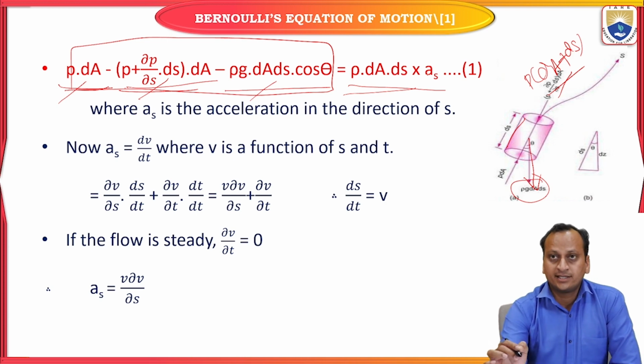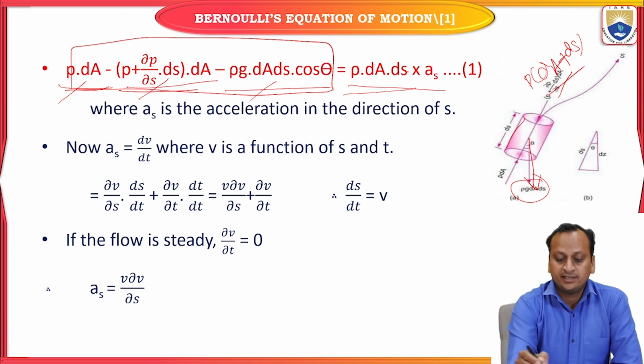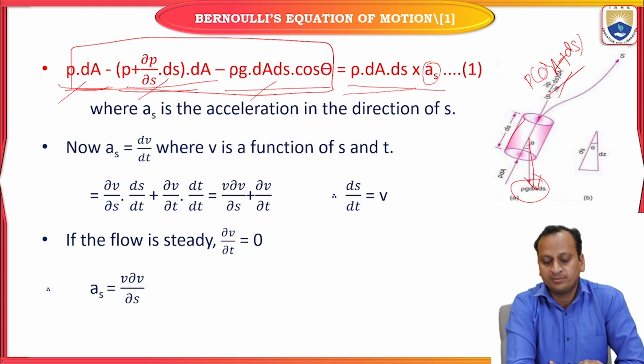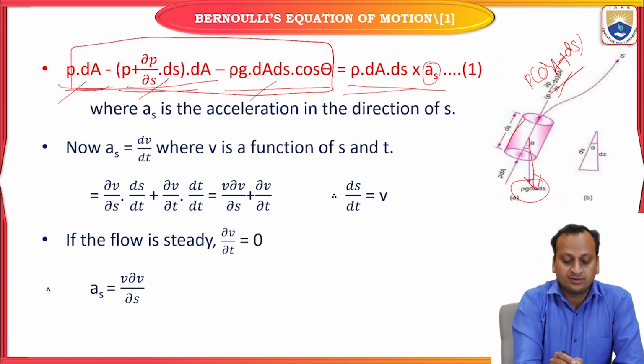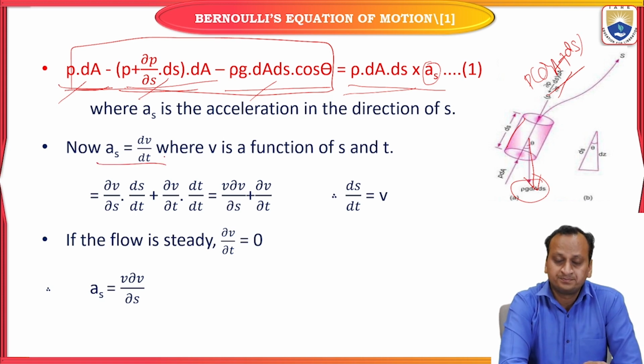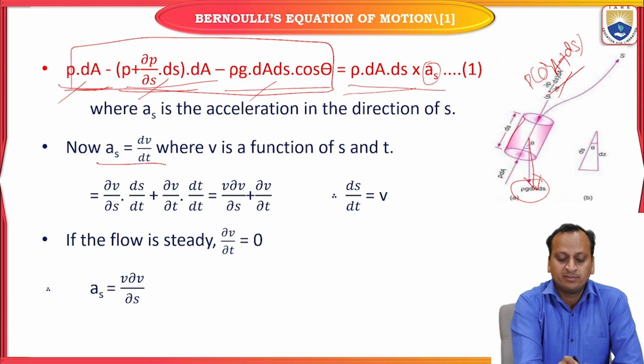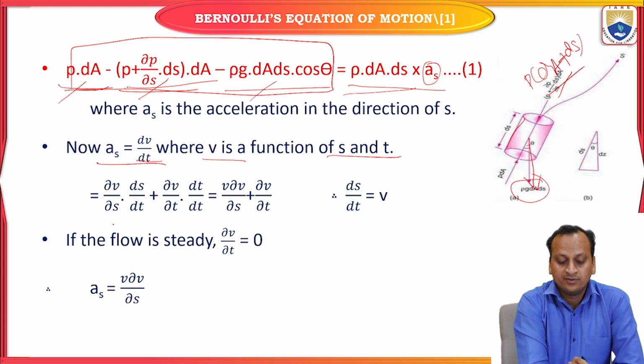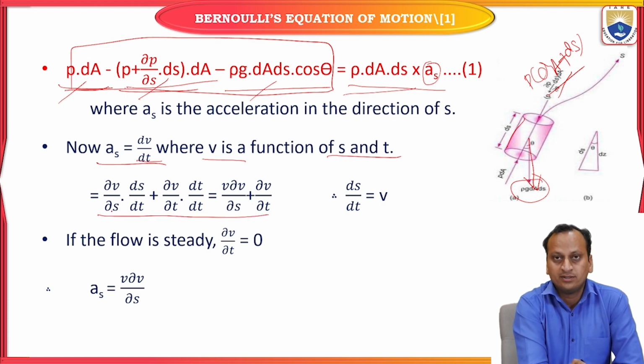So along the direction s, the acceleration along s can be derived for the following assumptions. Acceleration is nothing but the rate of change of velocity, dv by dt, and v is a function of s and t. Therefore, by using the chain rule of differentiation, we get ∂v/∂s into ds/dt plus ∂v/∂t into dt/dt.